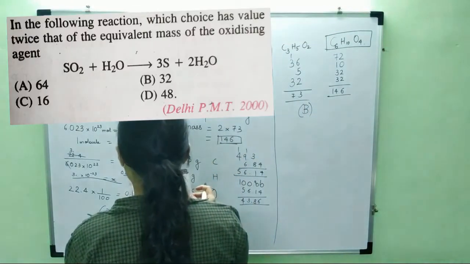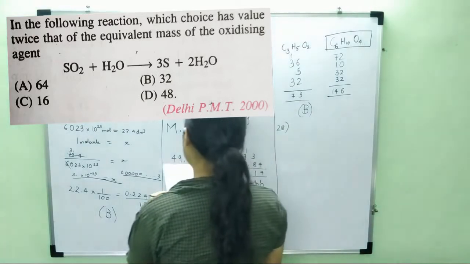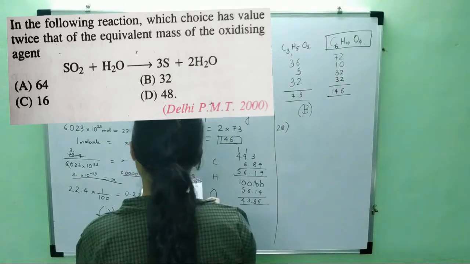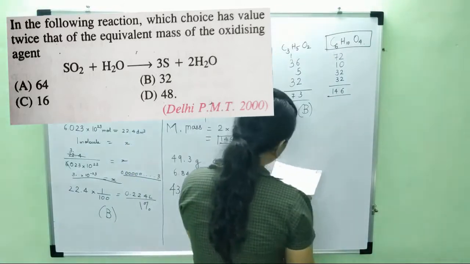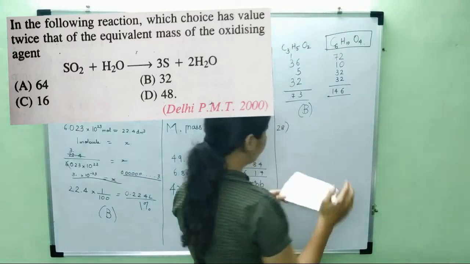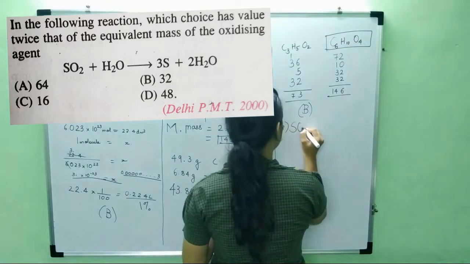Okay. Let's look at the next question. The next question says, in the following reaction, which choice has twice that of the equivalent mass of the oxidizing agent? So we have to find the equivalent mass of the oxidizing agent first. What is the reaction? It is SO2.